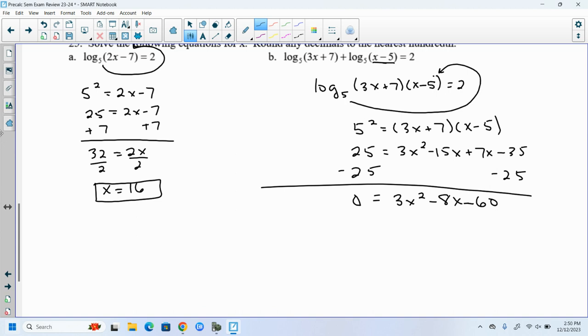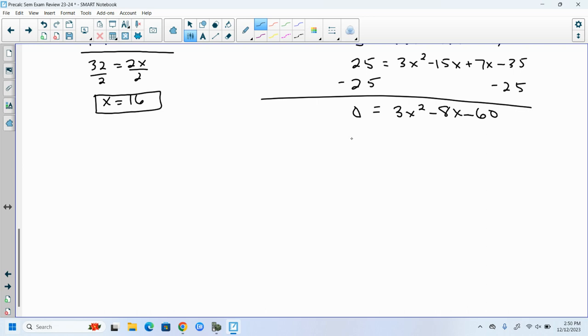All right, now, not always, but the majority of the time, something like this will factor. I don't want you to have to go through another completing the square or quadratic formula. Typically, in this one, it will factor. If I do trial and error, I'm going to make this 3x and x. These have got to multiply together to give me 60.